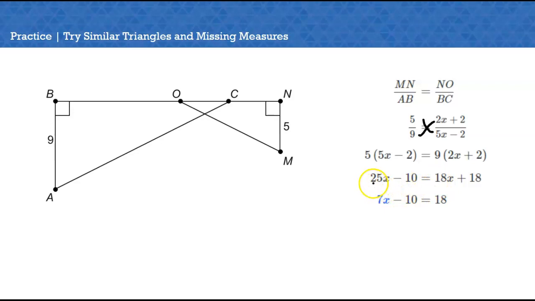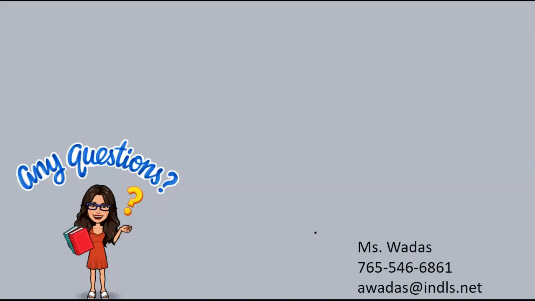Subtracting 18x from both sides, we get 7x minus 10 equals 18. Adding 10 to both sides, we get that 7x is equal to 28. Dividing both sides by 7, we get that x is equal to 4.